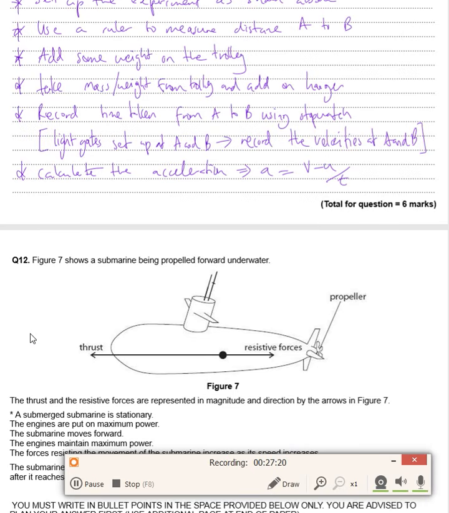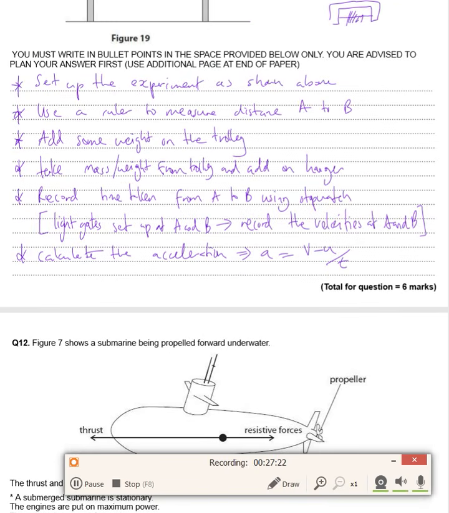So therefore, this will give us, okay, now put it hanger. So this is going to be the force, the weight. So this will give us acceleration, slightly easy. And so what we've done is use the light gates to get the velocities, and we can actually use the stopwatch to get the time anyway.